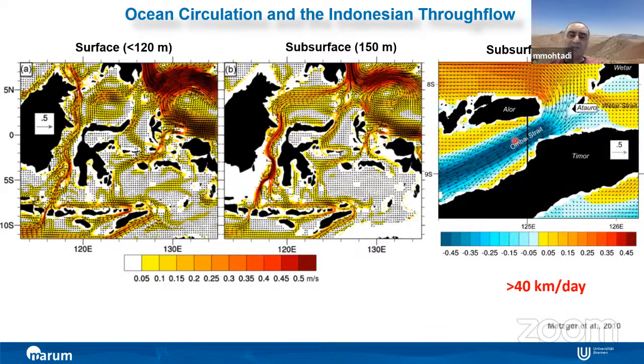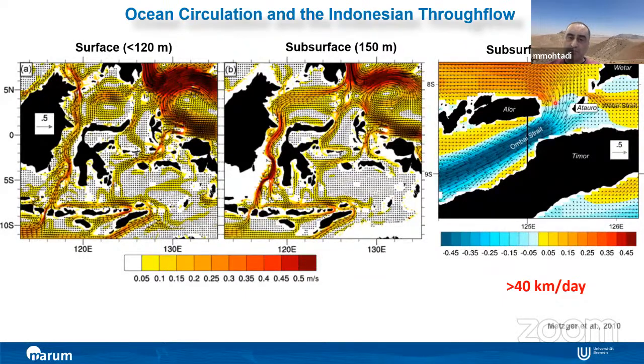But what it does, as an example, a blow up from this region, the Halmahera Strait here. The waters are transferred pretty fast in this region, especially along those channels and straits. These are 0.5 meters per second.